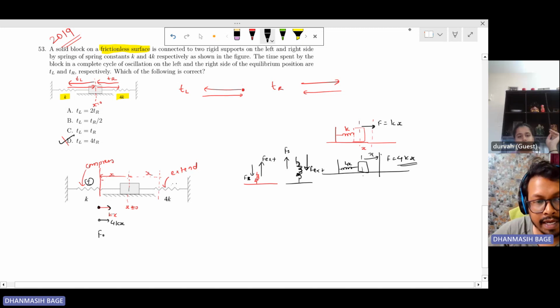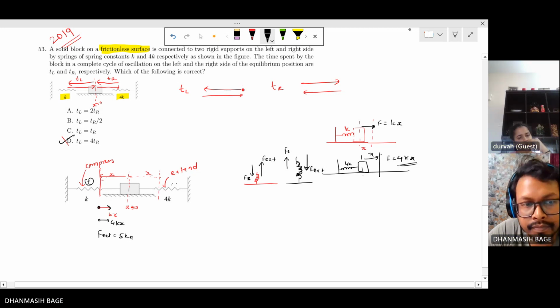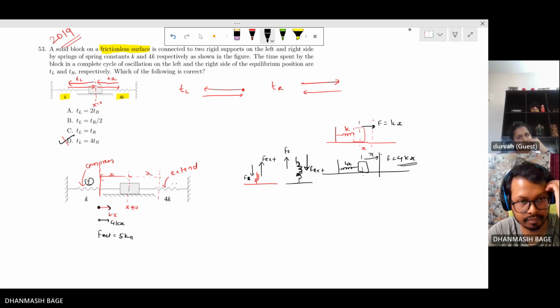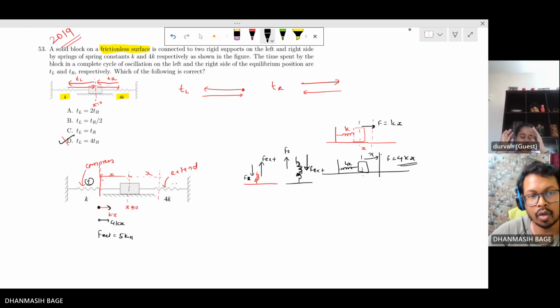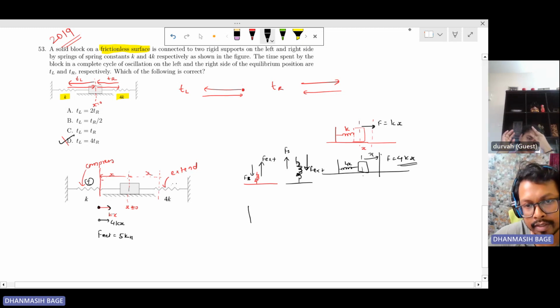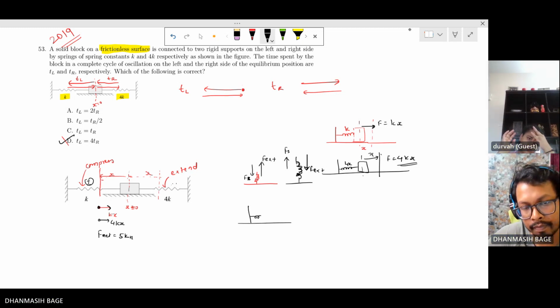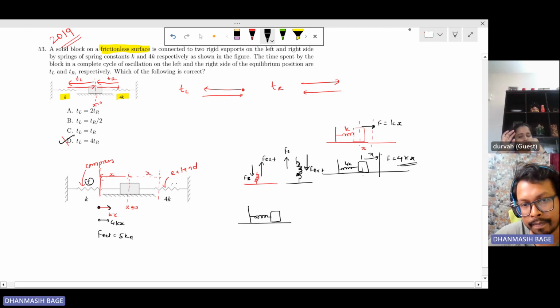So net force acting on it is actually equal to 5kx. But if you're compressing the spring, let's just try to understand this thing from here. Suppose there was only one spring.